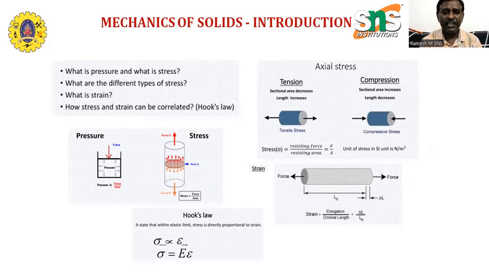That means stress by strain equals Young's modulus; stress is directly proportional to strain, so the proportionality symbol can be eliminated by adding a constant. The constant is a material constant, so Young's modulus is a material constant.